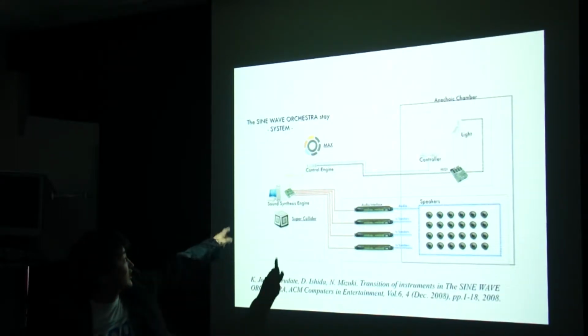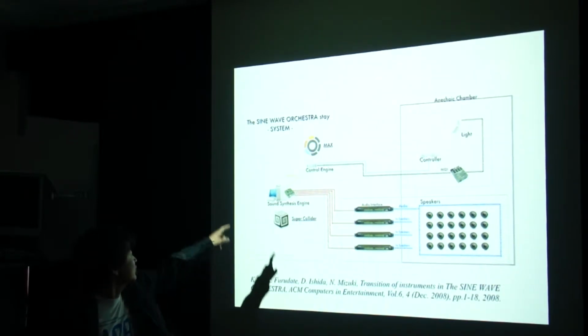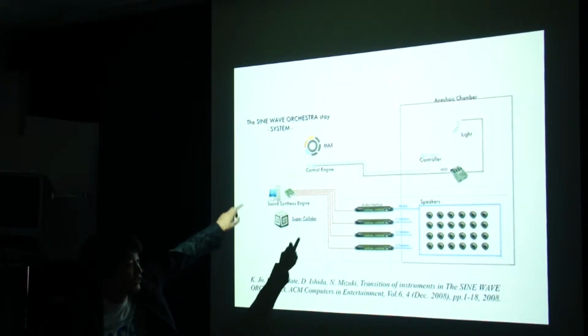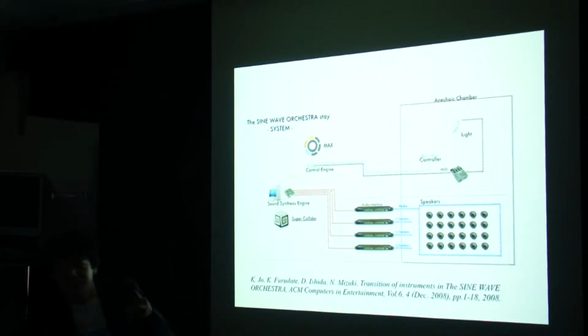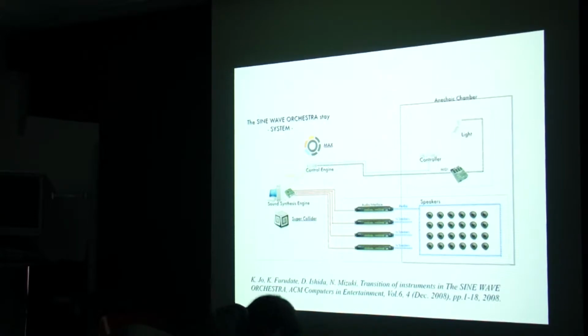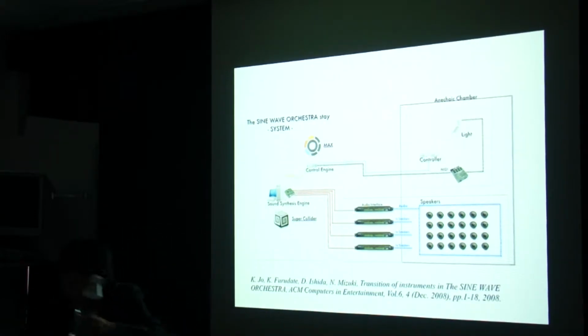So we decided to connect these two environments through a network. It's really hard to see, but we have a network cable between the two, and we control them with OSC, Open Sound Control, a protocol for communicating between programs.